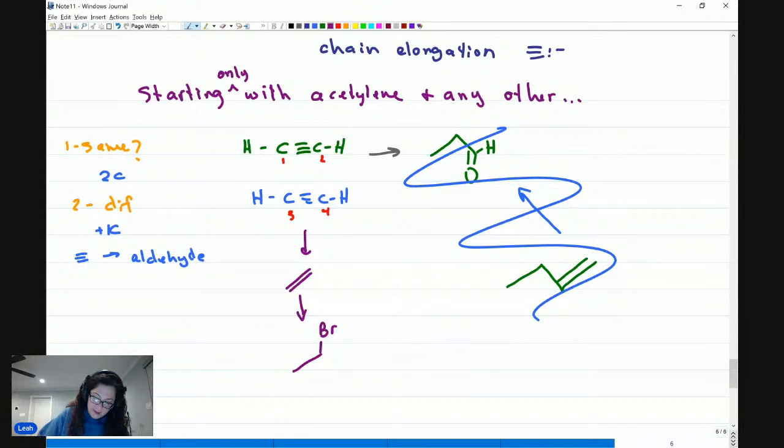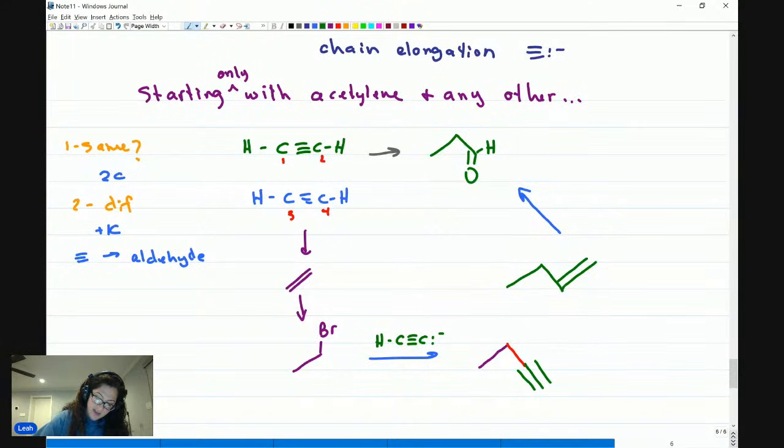So once I have that, I'm going to react it with an acetylide, that is HC triple C lone pair negative. That will give me the two carbons, the new bond, and then the green alkyne that added in. And then I can turn that into an alkene, and then I can turn that into an aldehyde.